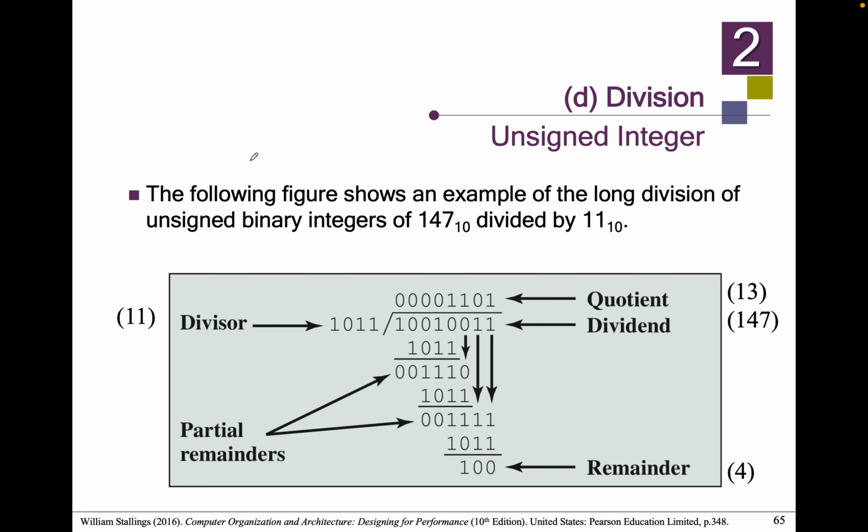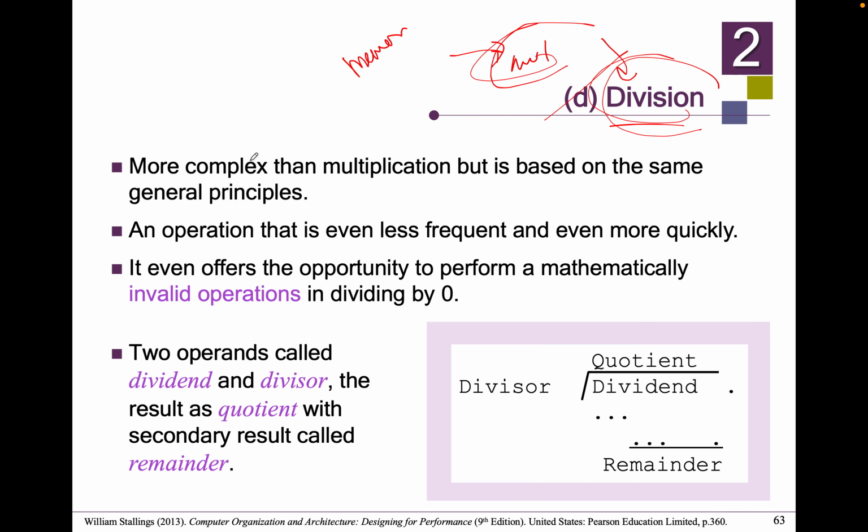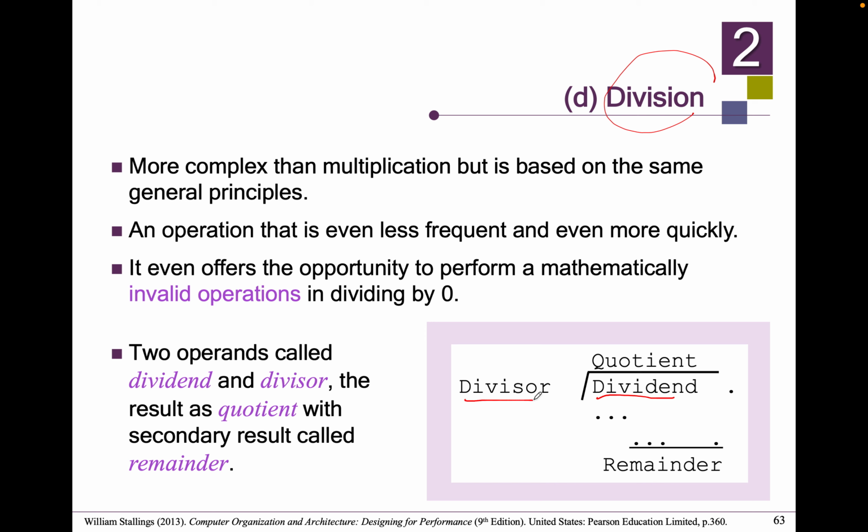So go back to our slide here, divisions. Same and similar to the multiplication, where you have a multiplier and a multiplicand, and you have a product, in division you're going to have a dividend and a divisor, and then the quotient and the remainder.